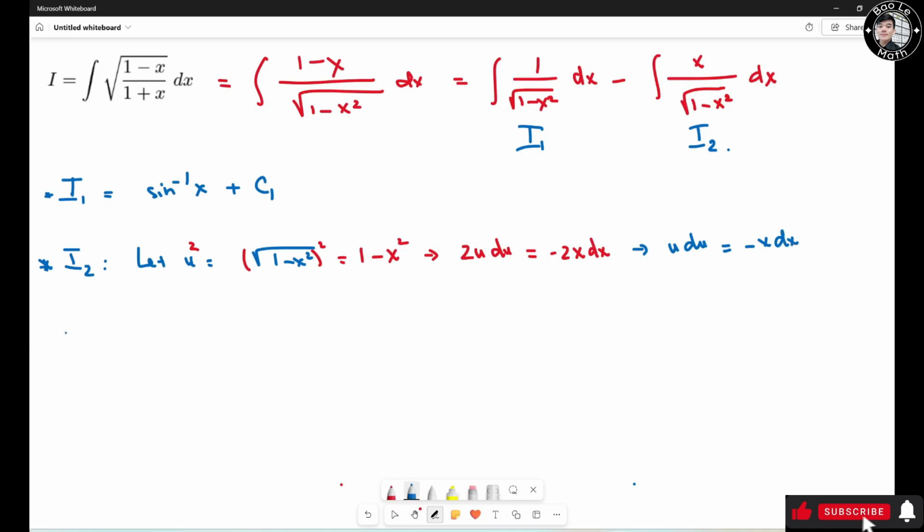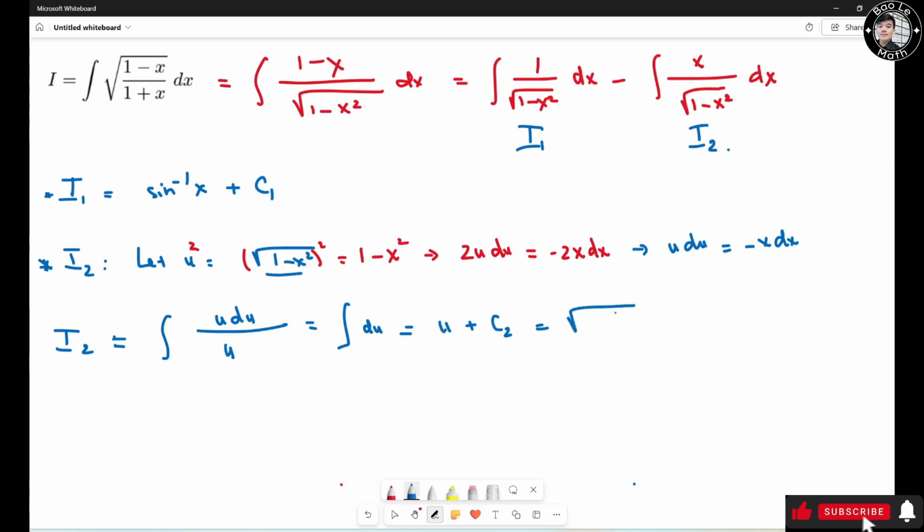So I2 becomes negative S ds. I replace with U du, right? So the entire expression U du over square root of 1 minus S squared is going to be U, right? It's from here. So then this could be the integral of du, right? Now it turns out to be U plus C2. But U equals this guy right here, right? So I just replace U with this guy, right?